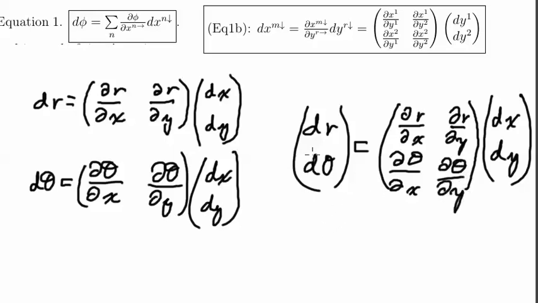So there it is. Equation 1b is equation 1 twice.